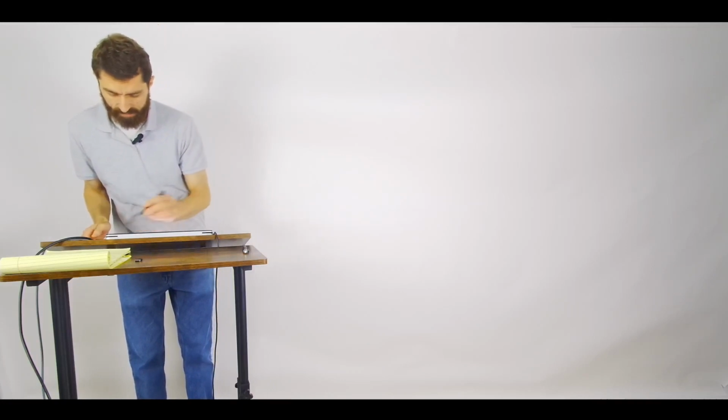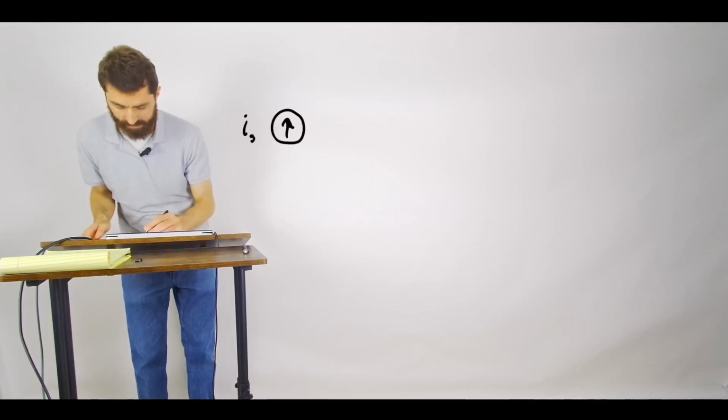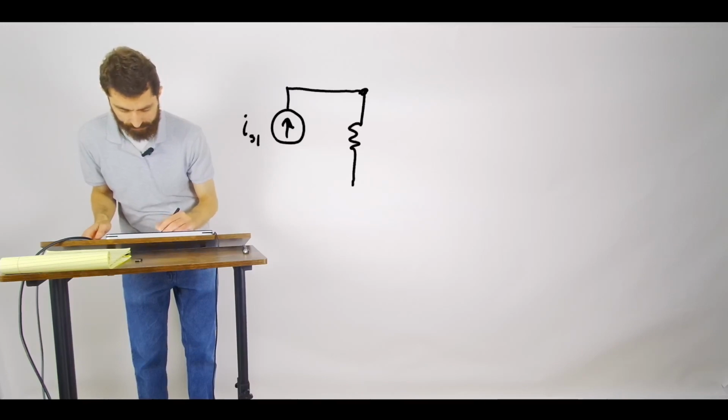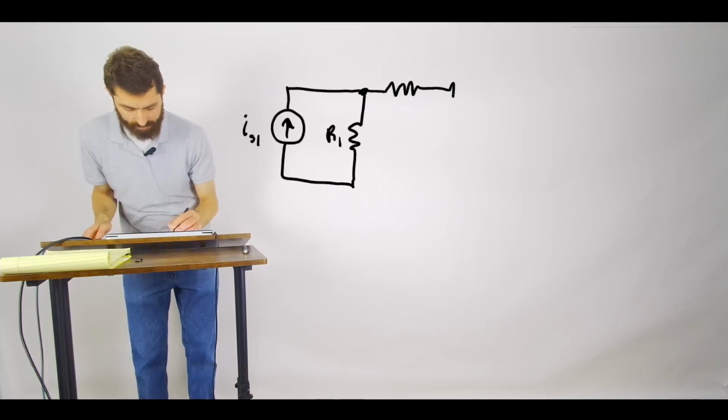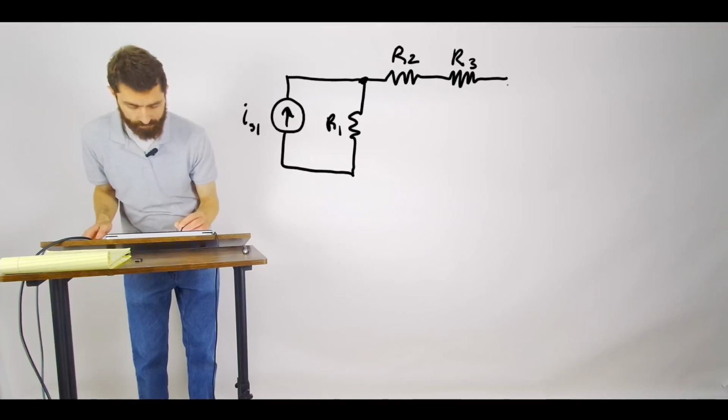So let's say we have the following circuit. We have a current source, I'll call that IS1, and then we have a resistor, call it R1, and then we have two resistors in series, R2 and R3.